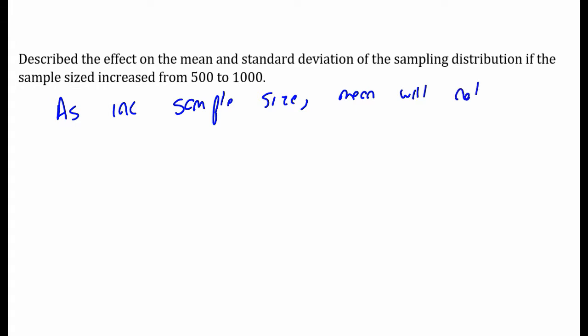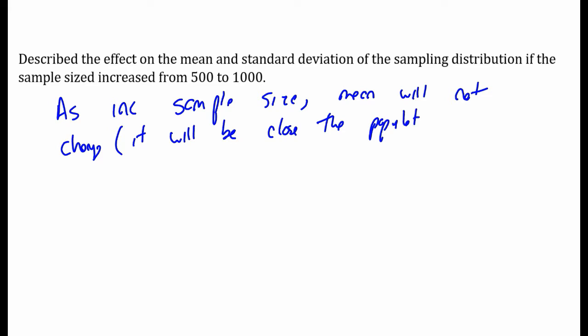Describe the effect on the mean and standard deviation of the sampling distribution if the sample size increased from 500 to 1,000. So as we increase sample size, the mean won't change. The mean will not change. It will still be close to the population mean.